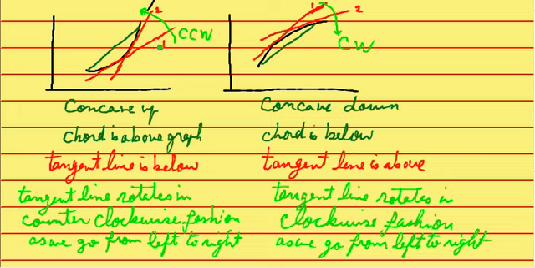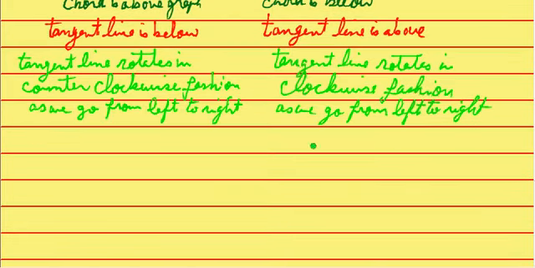If a function is increasing, its derivative is positive. So here's our next clue. The derivative of slope is positive.